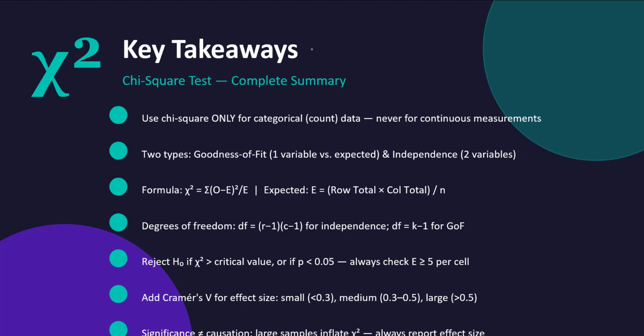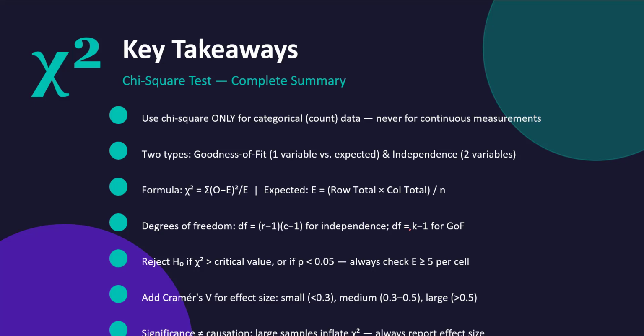For formulas, chi-square is equal to the sum of (observed frequency minus expected frequency) squared over expected frequency, and expected frequency is calculated using row total times column total over sample size. Degrees of freedom for the test for independence is (number of rows minus 1) times (number of columns minus 1).